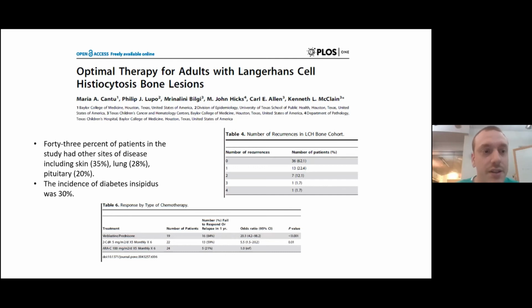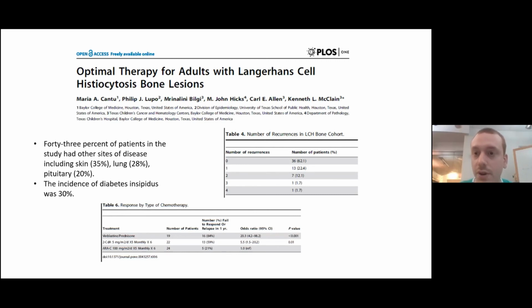Interestingly, they found that 43% of the patients in this study had other sites of disease, which include the skin, lung, and pituitary. The incidence of diabetes insipidus was 30%, which is pretty high. So this is something to have in mind when you're evaluating patients with Langerhans. Again, as we mentioned before, the recurrence for this disease is pretty high.